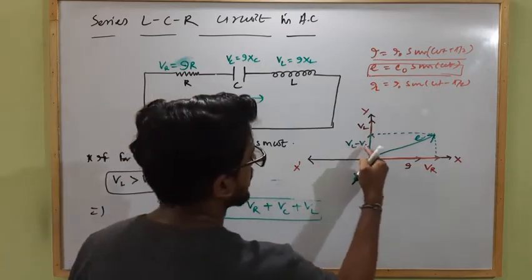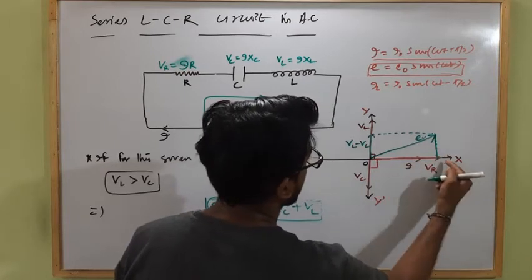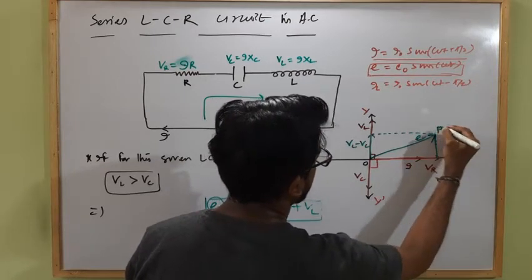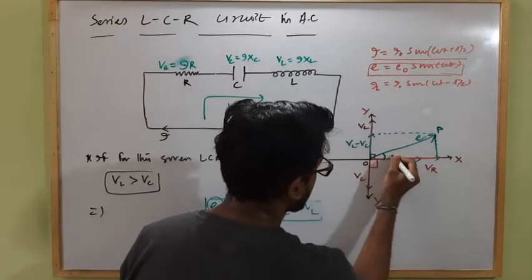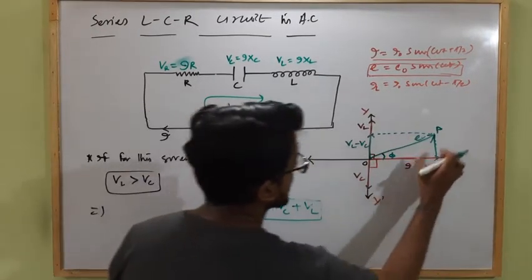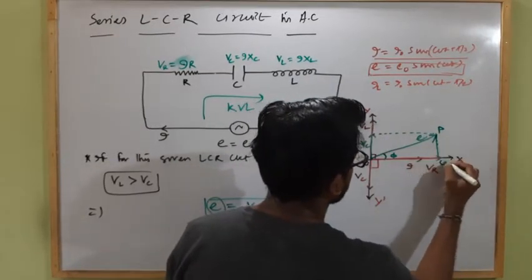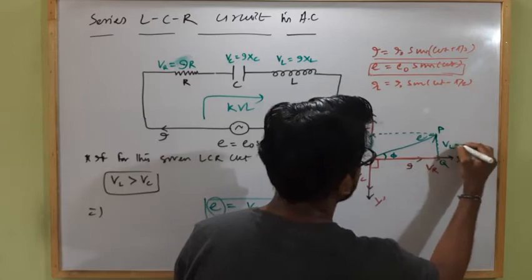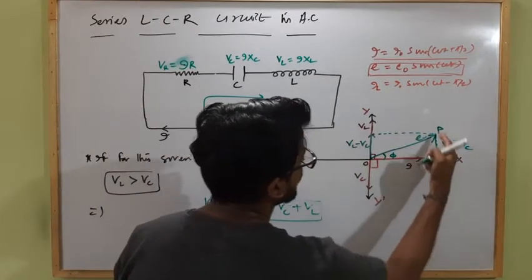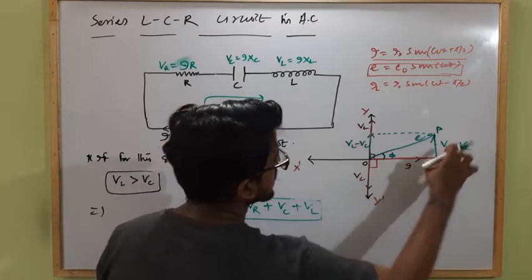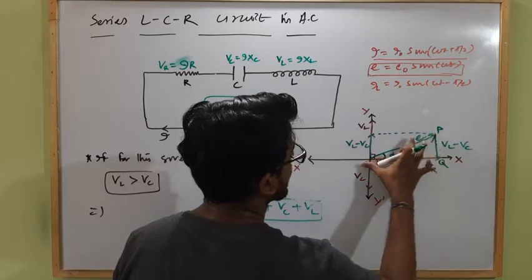So if this is VL minus VC and this is VR, this can also be, along OX, let this be P. The resultant EMF is along OP, and let this angle be phi. This is VR, and if this is VL minus VC, let this be Q. In this triangle OQP, I is the base, VL minus VC is the height PQ, and this is the hypotenuse OP.